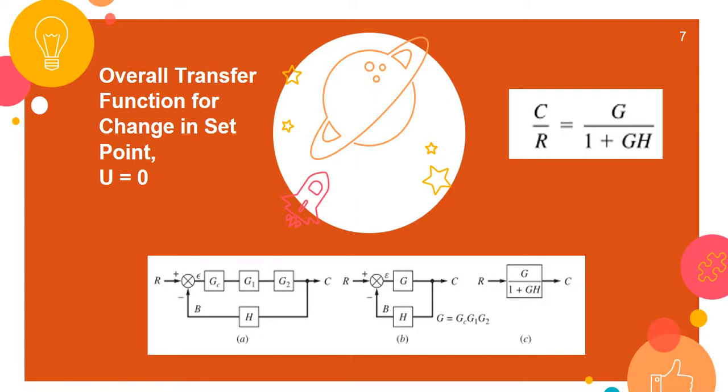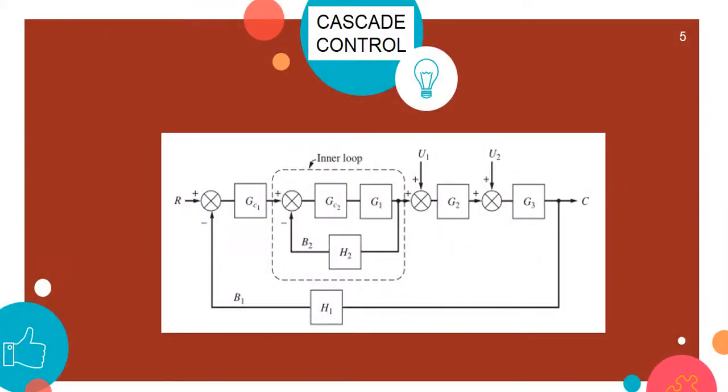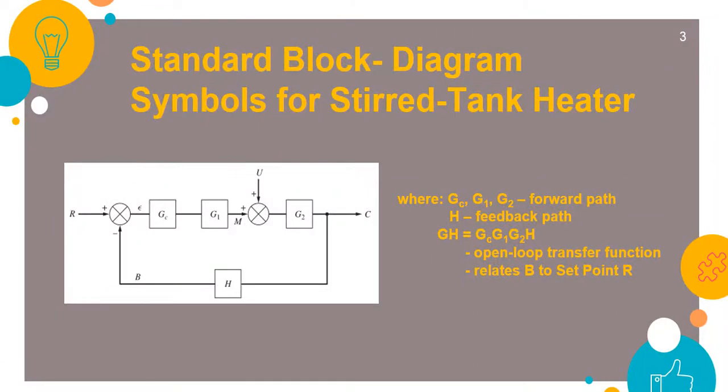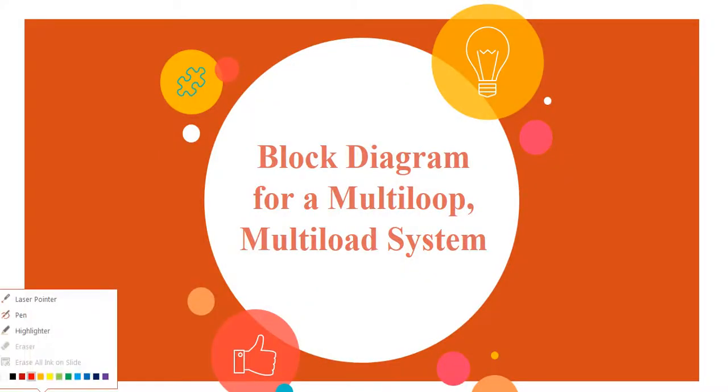This particular overall transfer function relating C to R. Now, this is the original block diagram for our stirred tank heater. If there won't be any changes in the load, this will be out of the picture. It's just like this one, sorry.